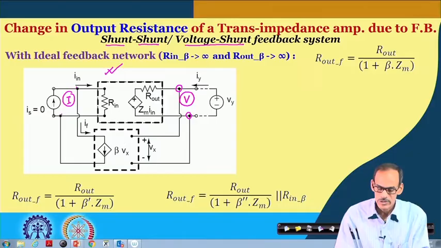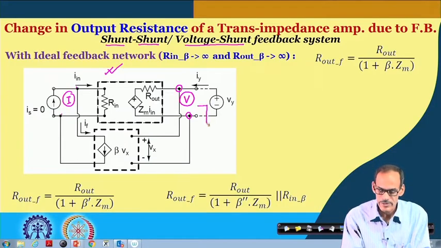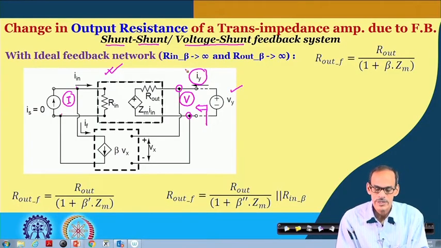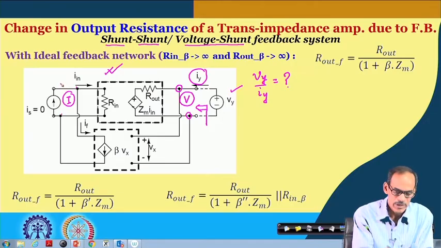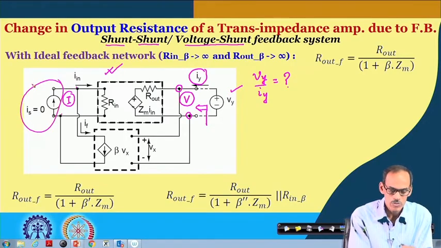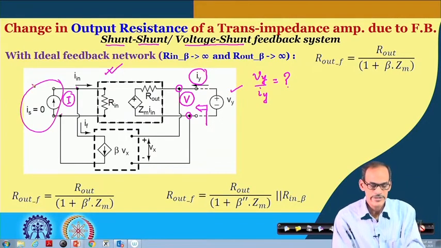Now, in this system to get the output resistance, we are stimulating this output port by V y as we have done before, and we would like to observe the corresponding current entering into the circuit, and then we have to take the ratio of this V y divided by the corresponding I y. But while we are doing this exercise, we have to keep in mind that the input port should be supportive for this exercise.